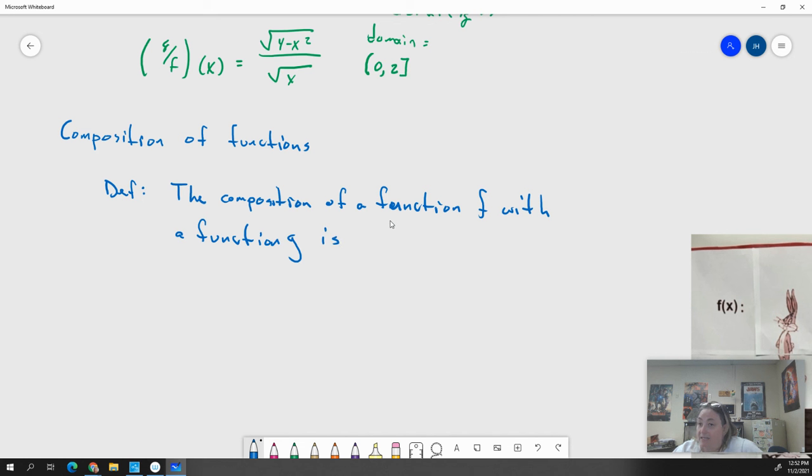It says that, ooh, you're going to love this because it's a lot of symbols. F of g of x equals f of g of x. What does that mean?